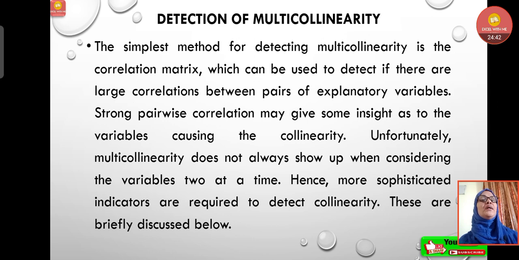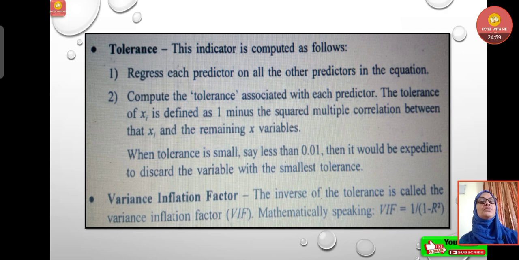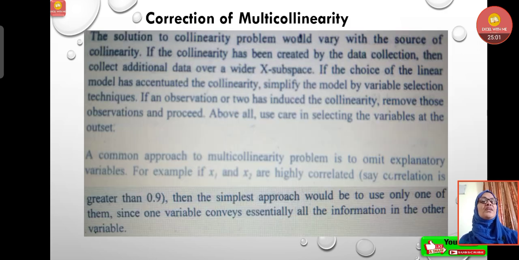Now detection: how can we detect that multicollinearity is there? This is a method to detect multicollinearity. You can pause here and see the correlation matrix, which can be used to detect if there are large correlations between pairs of explanatory variables. Tolerance and variance inflation factor you can understand here. Now correction of multicollinearity, what is the solution here?